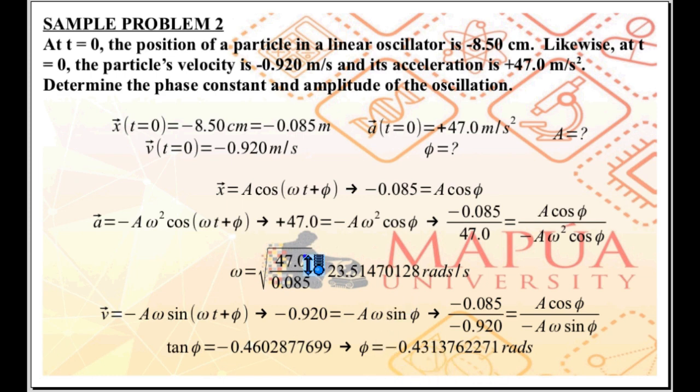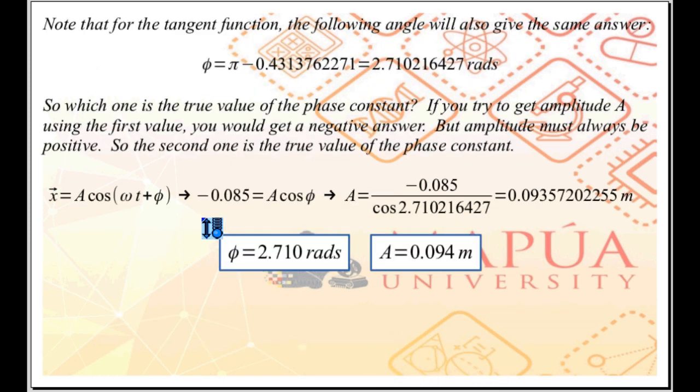It's not quite correct because amplitude should always be positive, and the amplitude that we will be able to calculate using that value of the phase constant is negative. So that means that value of the phase constant is not quite correct. The problem lies with the tangent function.